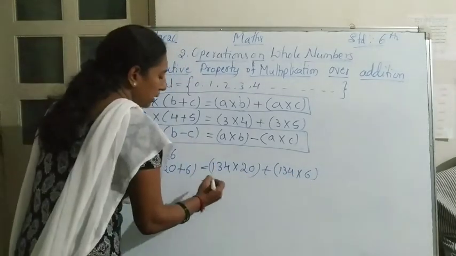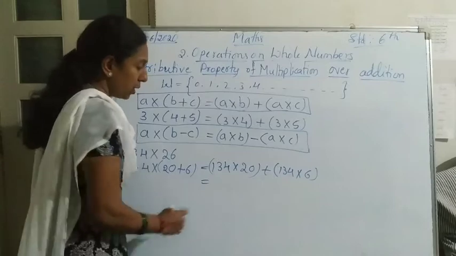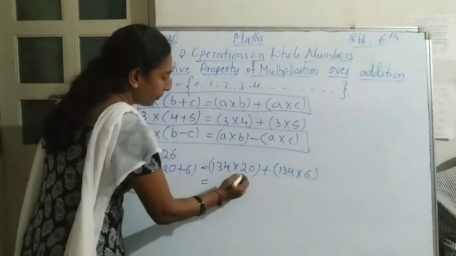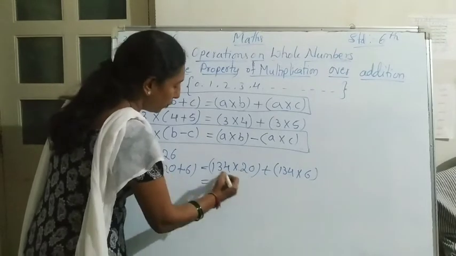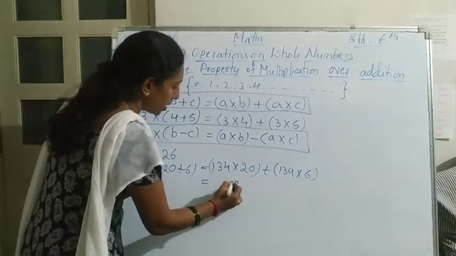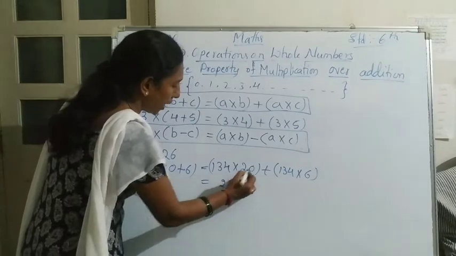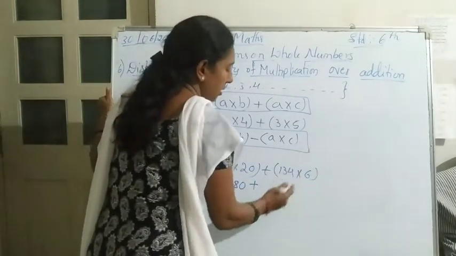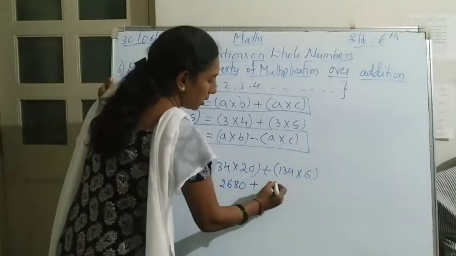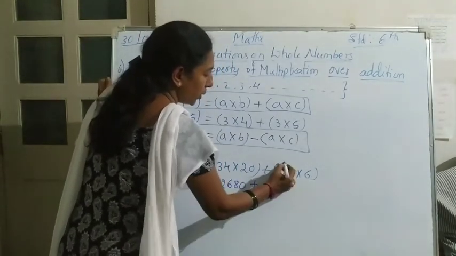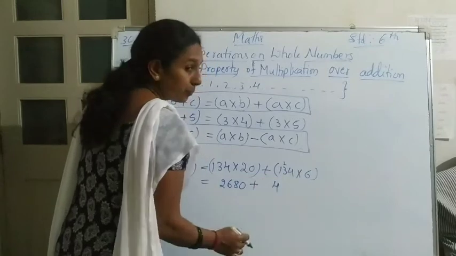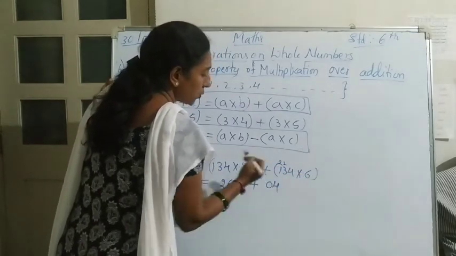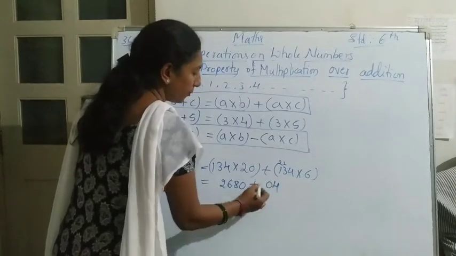Okay, so now I will do the multiplication. For 20, it is easy. Leave 0, multiply with the 2 now. Later we will add the 0. 2 4s are 8, 2 3s are 6, 2 1s are 2, and then this is 0. Plus, next here 6. 6 4s are 24, 4, 2 carry, 6 3s are 18, 18 plus 2, 20, 0, 2 carry, 6 1s are 6, 6 plus 2, 8.